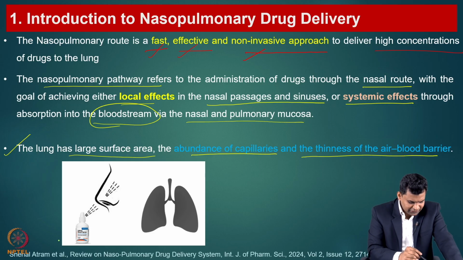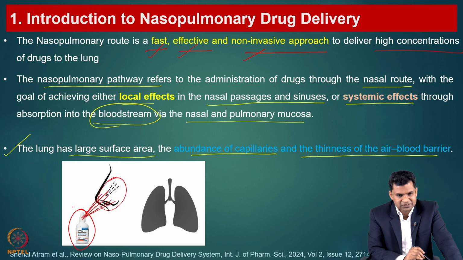Now, you can see the pictorial representation here. Here is the nasal spray, and here we will spray the nasal formulation onto the nasal mucosa, and it will show action in two ways.